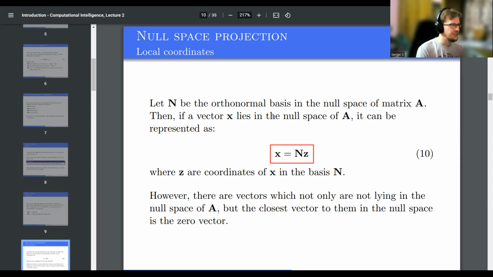What do you mean by closest? Well, it means the distance from x to this other vector, so their difference, is the smallest, in terms of two norm, in terms of second norm.